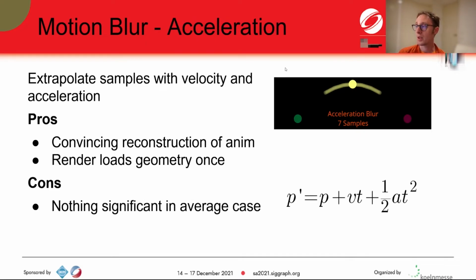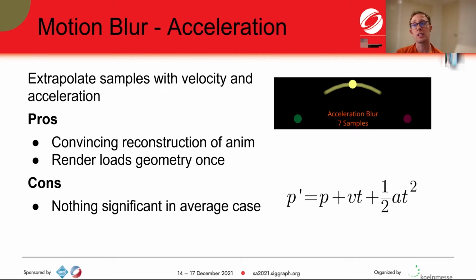So one step beyond that is acceleration blur, and this is where we've encoded velocity and acceleration onto the points, and we can reconstruct this curve without actually loading this geometry at render time. This is a much nicer way to render particles a lot of the time, and it's often actually a nicer way to render regular animation geometry as well.